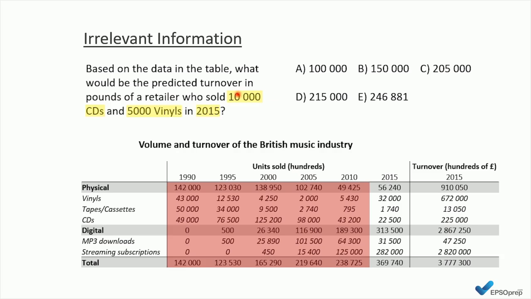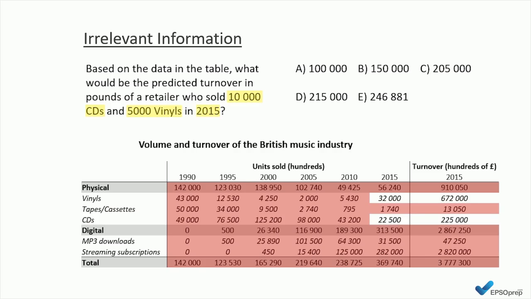Looking again at the question text, all we're told about this retailer is that they sold 10,000 CDs, 5,000 vinyls. So despite having all these formats in our table here, we don't actually need to know about any of them except for vinyls and CDs. So we can also cut out all of these rows here. Now that just leaves us with 4 potential numbers which might be useful to help us answer this question.